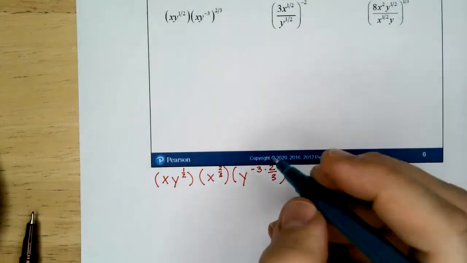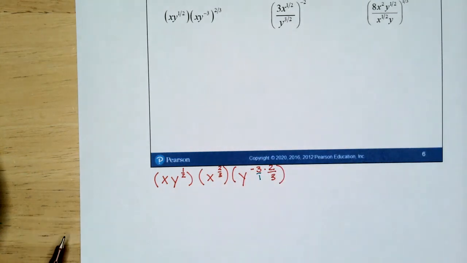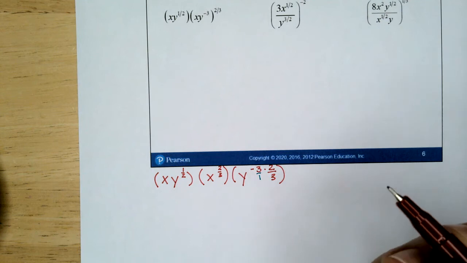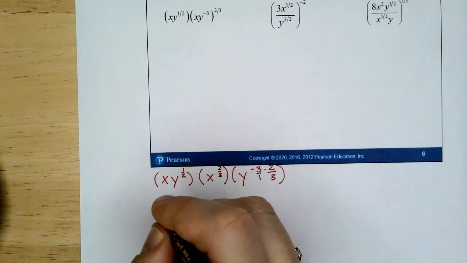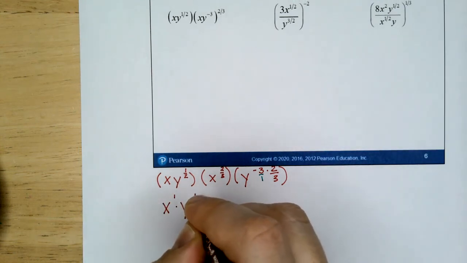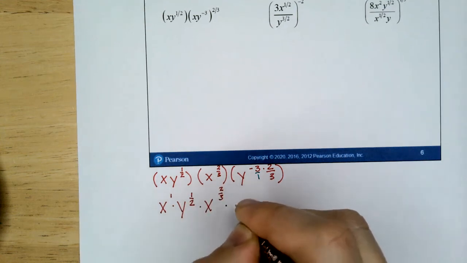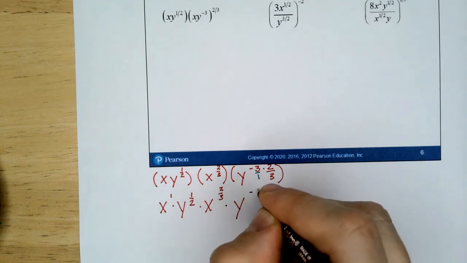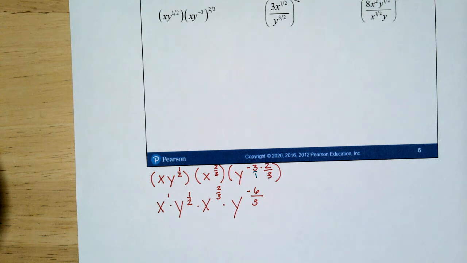So that -3, if I'm going to multiply it with another fraction, becomes a -3/1, right? So now I can rewrite that as x to the first times y to the 1/2 times x to the 2/3 times y to the -6/3, right? And -6/3 just becomes -2, right?